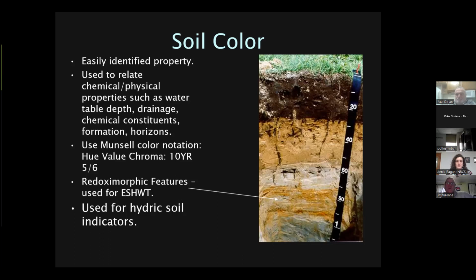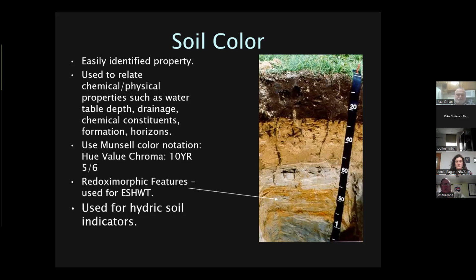When I start seeing these blotchy colors of grays and brighter colors, that's caused by a water table. So this soil is actually saturated at 60 centimeters for a long enough period of time to cause the soil to go anaerobic. When a soil becomes anaerobic, the microbes in the soil have reduced all of the oxygen, and now they're starting to feed on other elements in the soil, such as iron, manganese, sulfur, and eventually carbon.